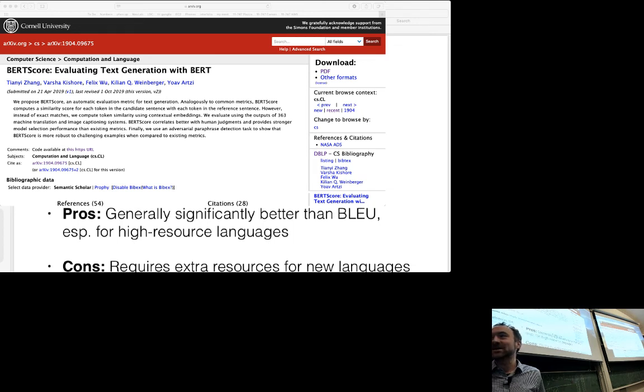Somebody had to evaluate text with BERT, and this is a paper that did this. But basically what they do is they take some sort of neural network model, they generate representations from this. And you either take the similarity between the representations and the representations of the human output, and say the similarity between these two is a good metric, or you could actually train a model to evaluate outputs.